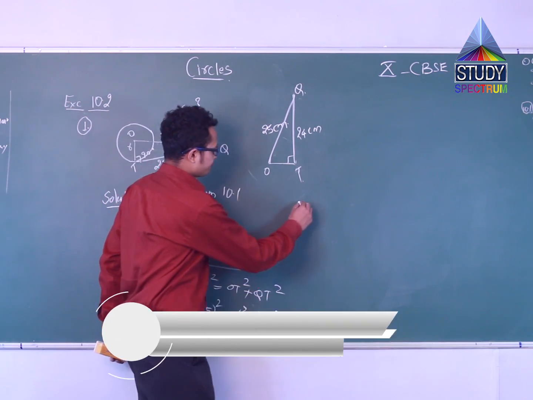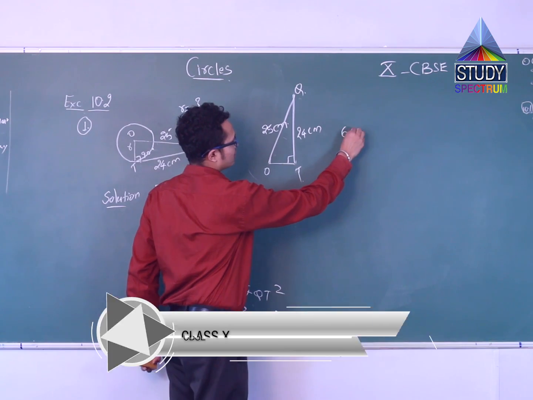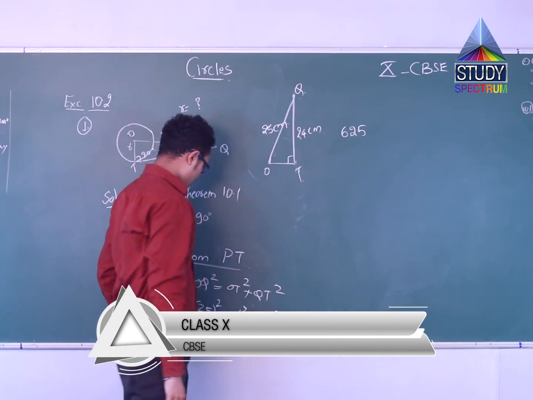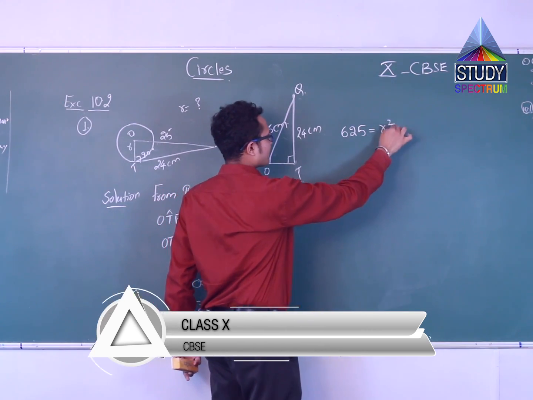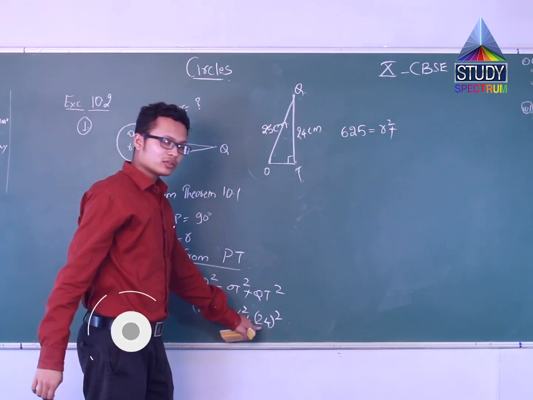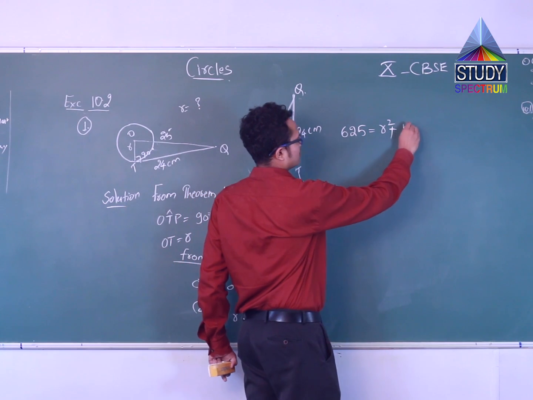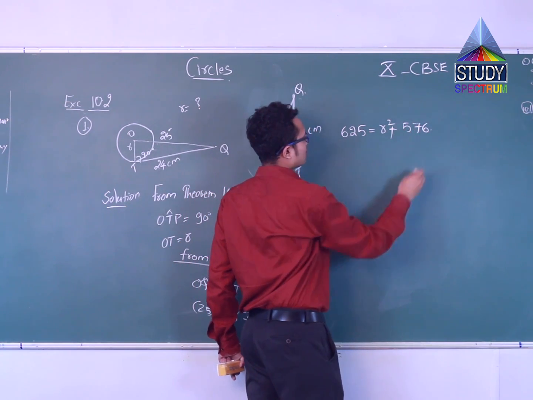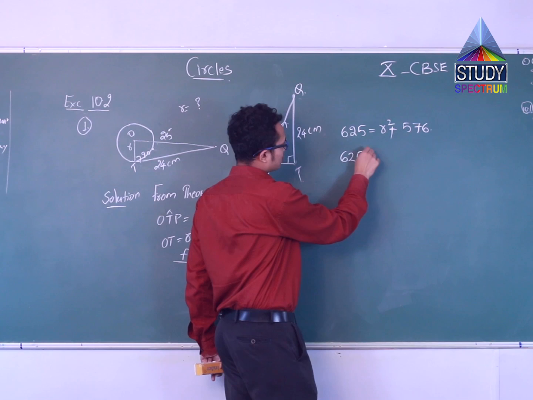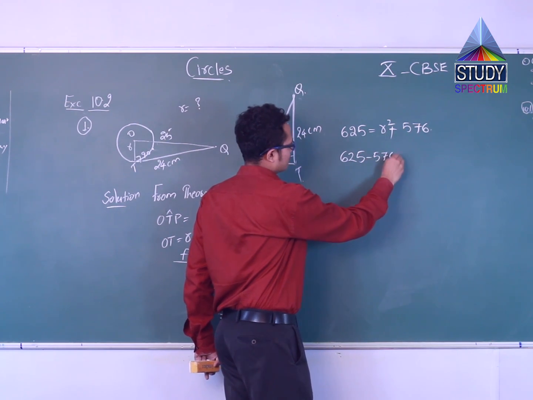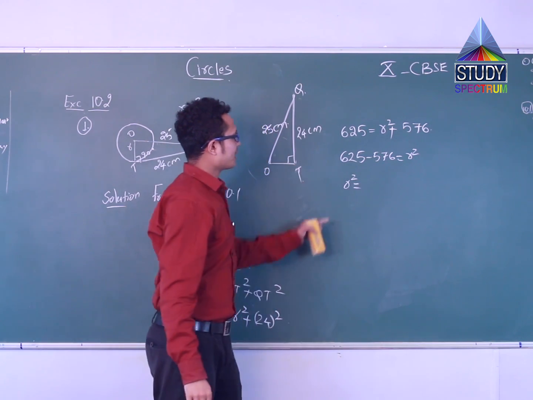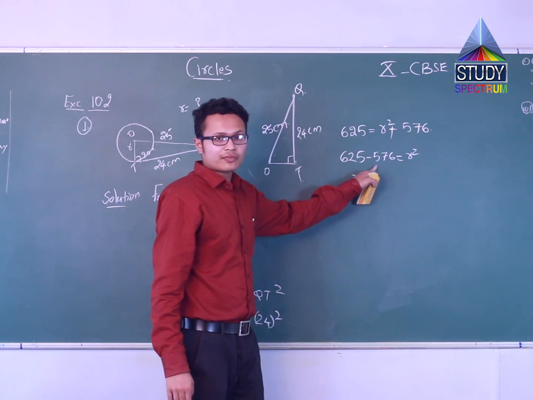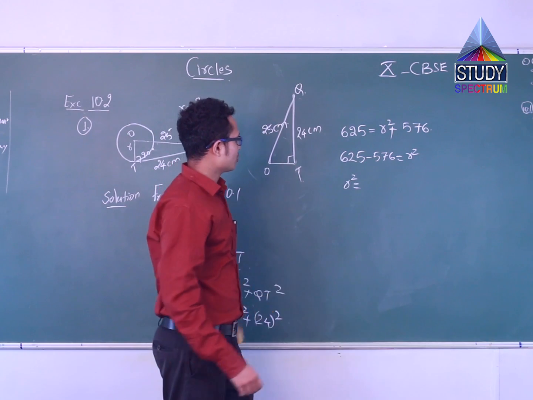So 25 square is 625, which is equal to R square plus 24 square, which is 576. 625 minus 576 is R square. When you subtract 576 from 625, you should get 49.